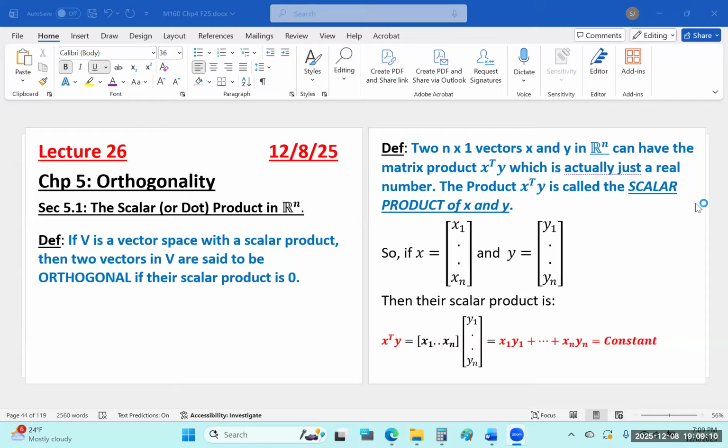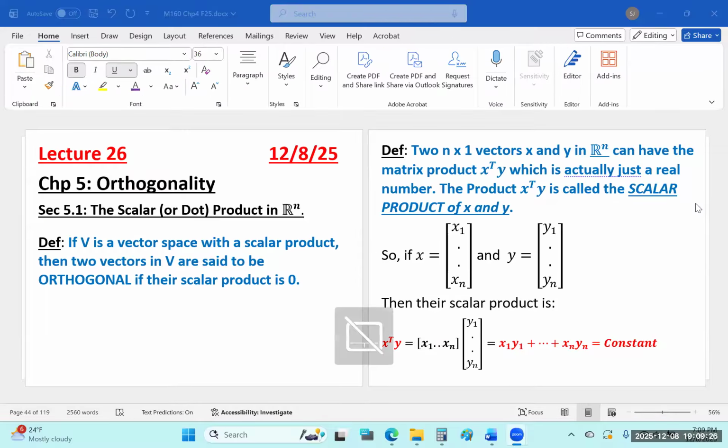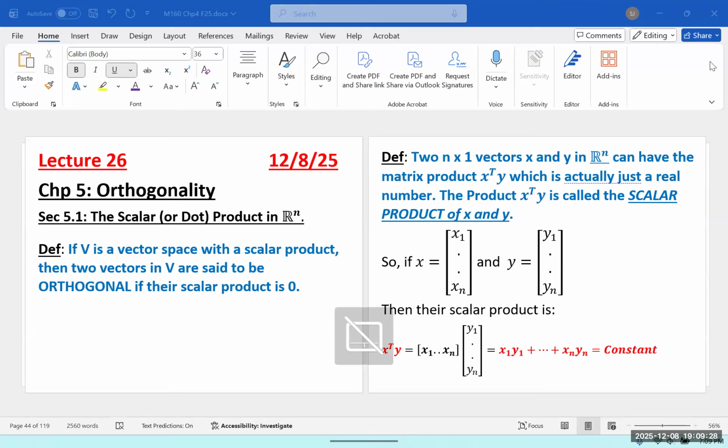So 2 vectors are perpendicular if their dot product is 0. Now, what is dot product? You have to find the dot product. We multiply 2 vectors element wise and then add them.